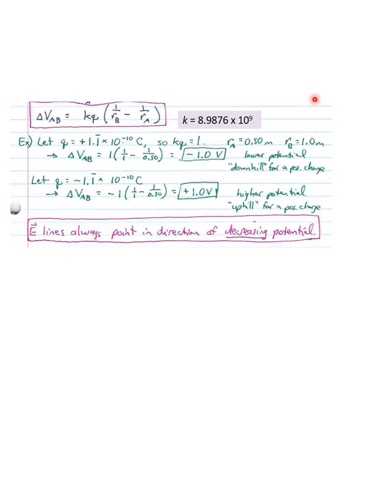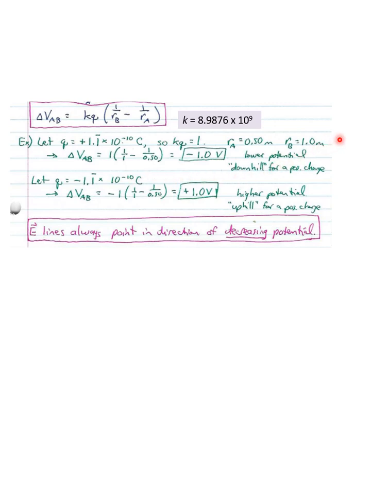So a quick example, let's say we have a charge of positive 1.1 repeating times 10 to the negative 10 coulombs. And I pick that simply so that when you multiply it with k, it becomes 1, just to make the arithmetic easy. And so the voltage difference between A and B is kq, which we're going to say is 1, times the difference of the reciprocals of the distances.